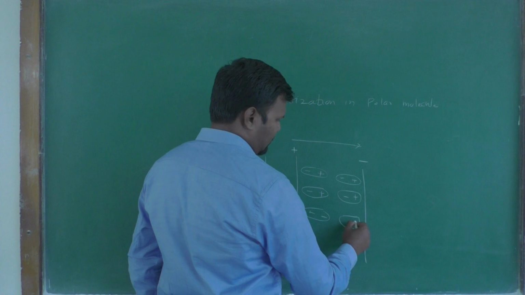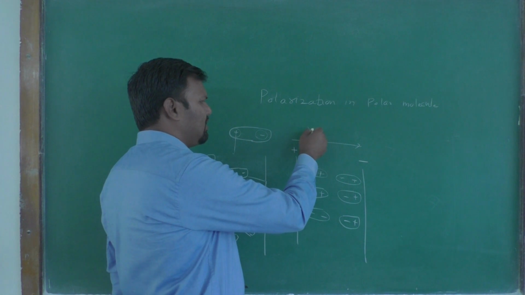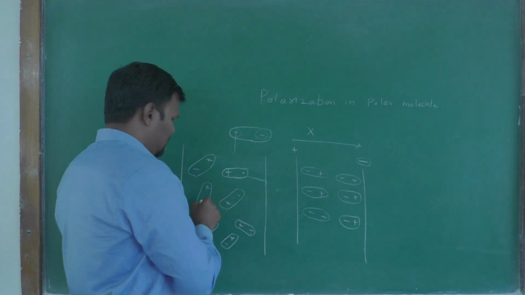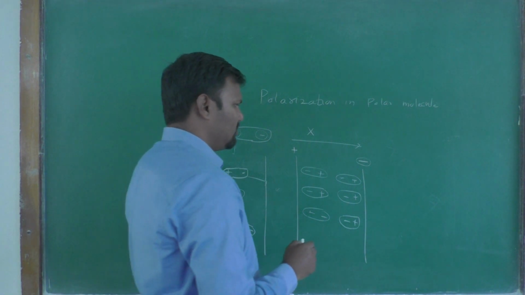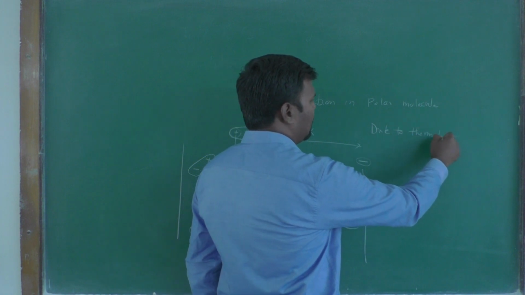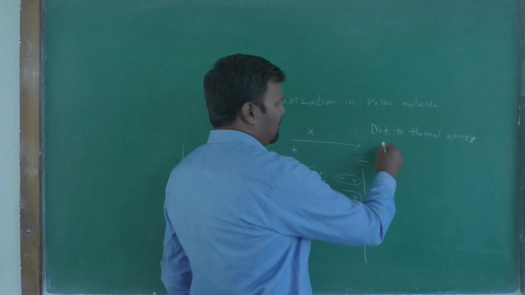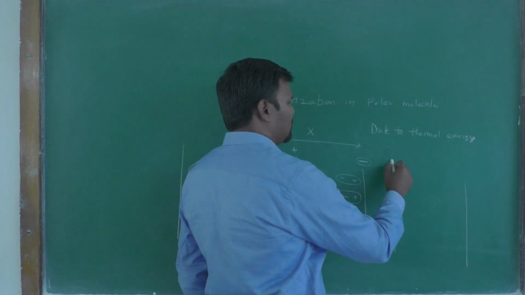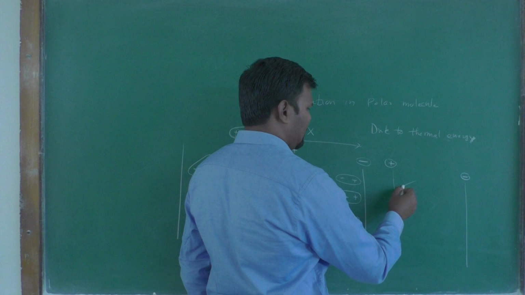Applying the electric field, the positive end is attracted towards the negative end and the negative end is attracted towards the positive end. But due to thermal energy or the temperature of the system, the molecules are not aligned in a perfect direction.